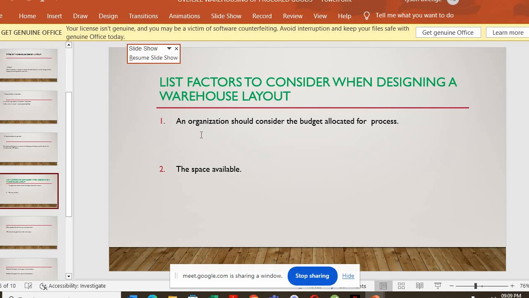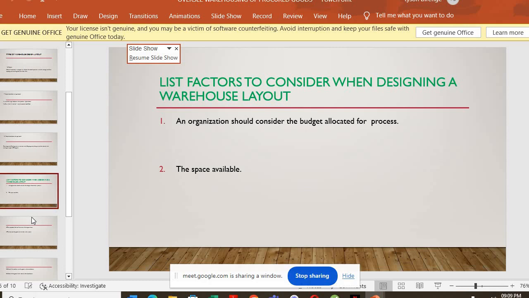Now, we are also discussing the factors one considers when designing a warehouse. These are basically what we are going to consider when we are designing this warehouse, and we can list them here. Number one, an organization should ensure that the budget is well allocated for that particular design.